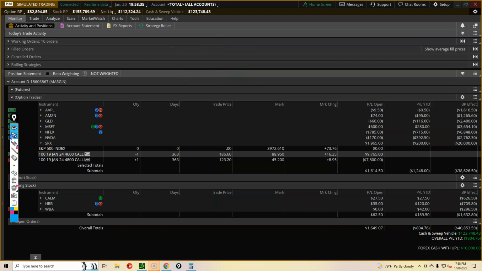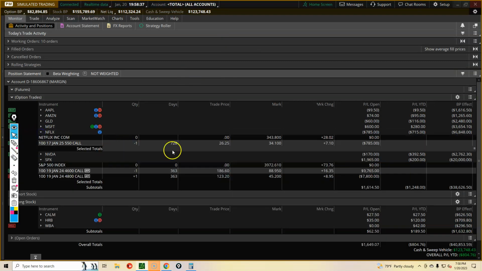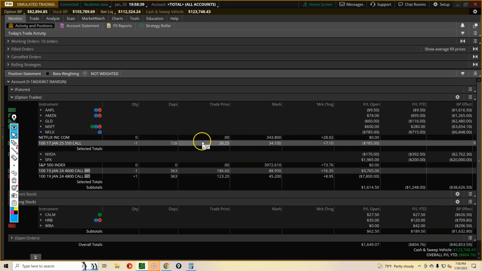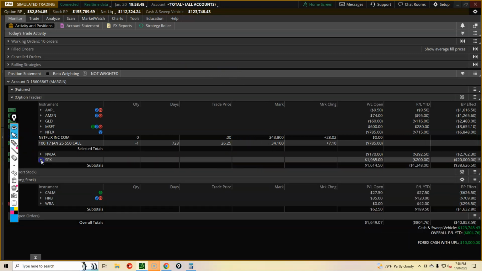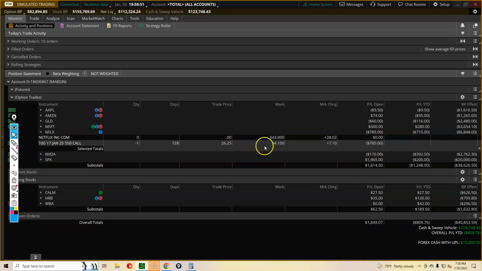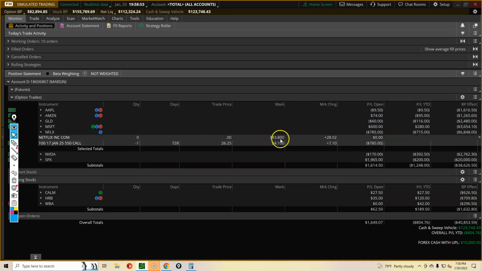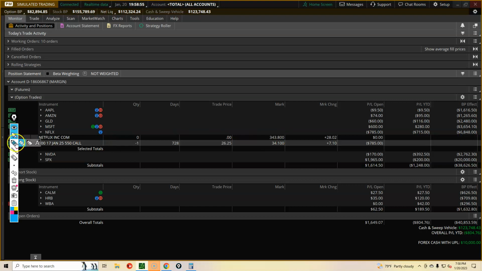Possibly I might have to take the time to adjust Netflix. Maybe I have to turn this into a credit spread, because right now Netflix is trading at $343.80, and I have this 550 strike call sold here. So you've got -1.